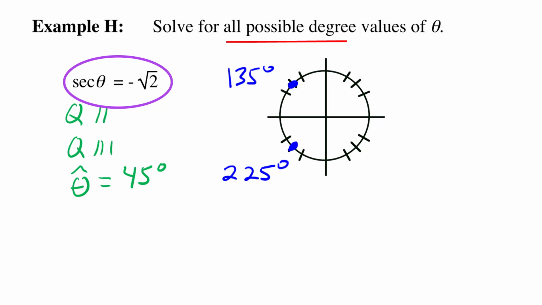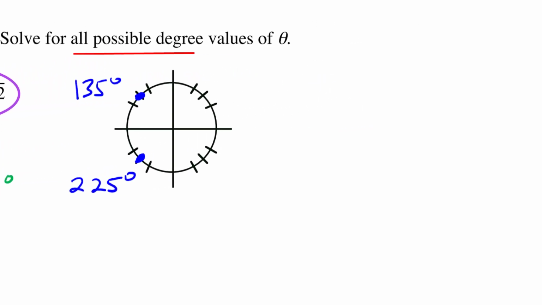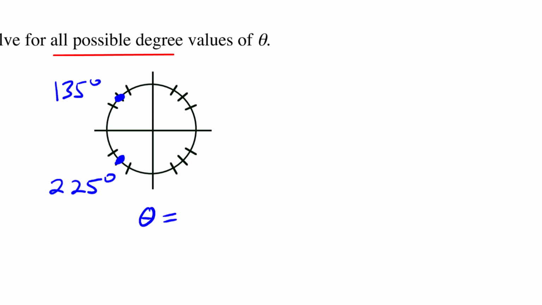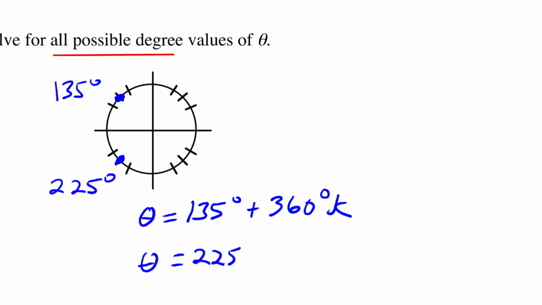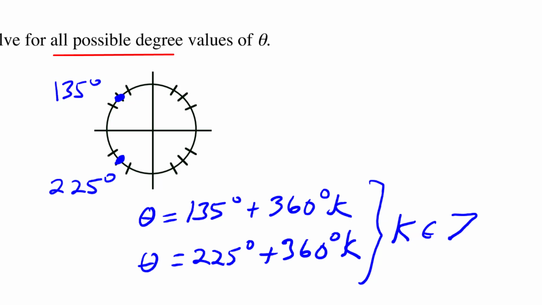But because we have no restriction, we're going to write both solutions separately as plus 360 degrees k. So 135 plus 360 degrees k. And then theta is also 225 degrees plus 360 degrees k. And together, k is an element of Z.